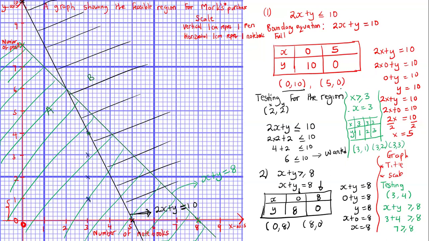So something like that. Then when you draw that line, you'll find that that line is going to come like this. Because it is a vertical line, it will come like that. Yeah, something like that. And then you label it.